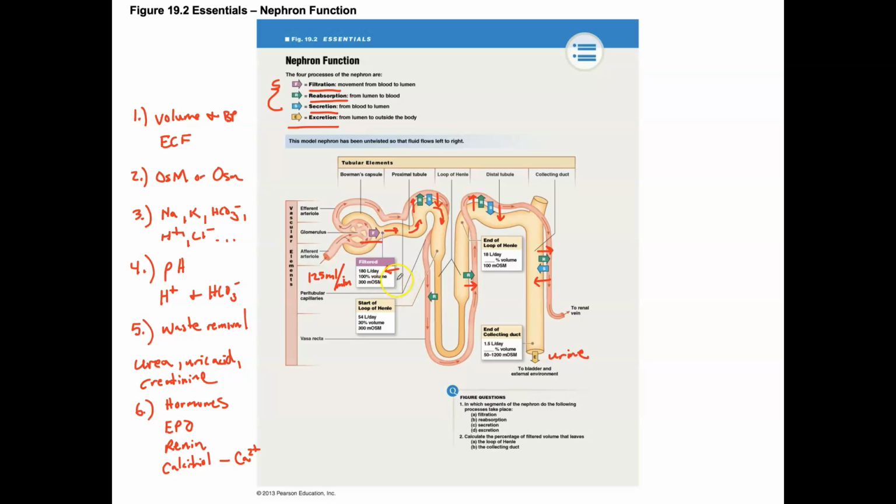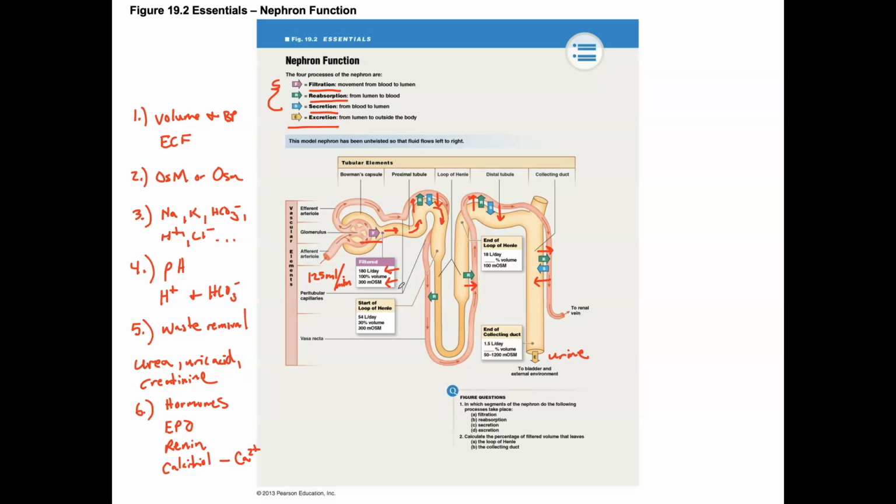Notice the concentration of the filtrate is about the same as what human blood is. So human blood is about 300 milliosmoles, and the filtrate that we produce is about 300 milliosmoles. So we're talking about an isoosmotic filtration. About 70% of the volume gets reabsorbed in the proximal convoluted tubule.